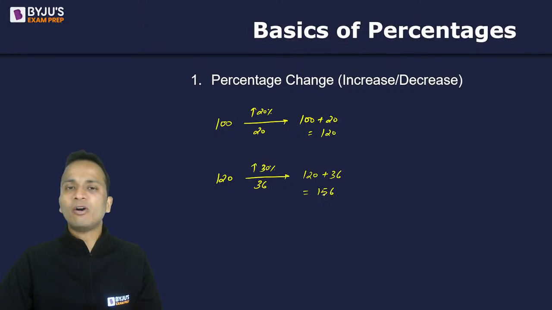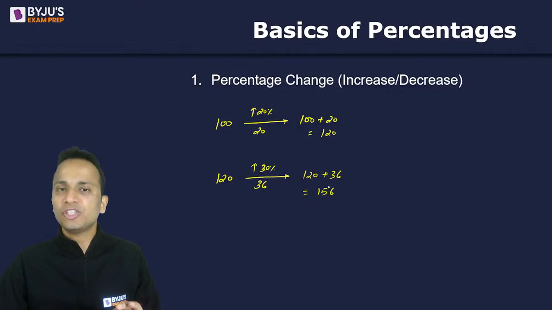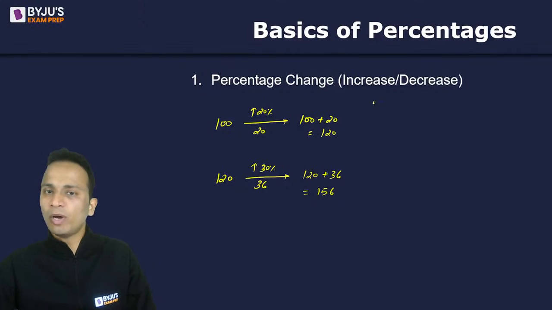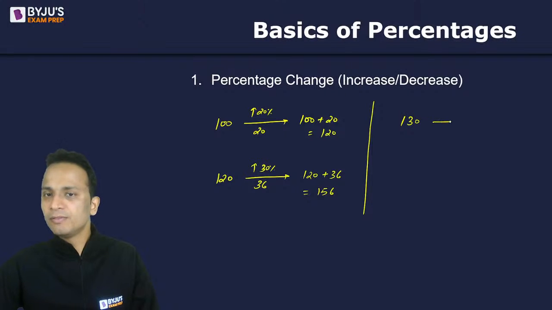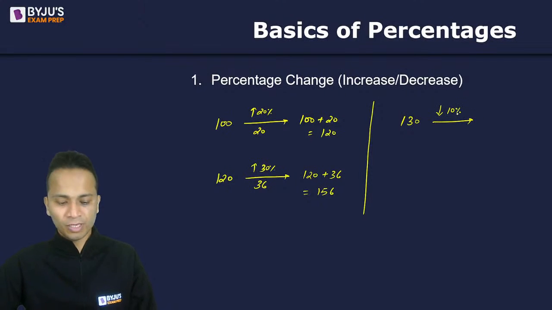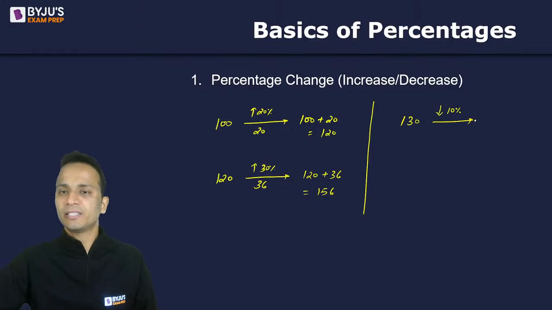Okay. So this is how we calculate the final value when initial value and the percentage change are given. Let's take one more illustration. Let's say the initial value is 130 and it is decreased by 10%. So there is a decrease in this case. Now what will be the final value? It's simple as that.